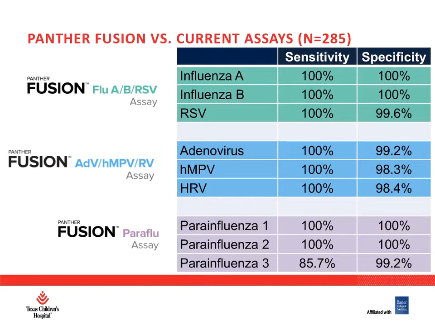We had not been testing for Parainfluenza 4, but we had some Para4s that were positive on the Fusion, and we were able to confirm those. I think we had about 6 or so Para4 in this sample set, and we confirmed those with another multiplex PCR assay.